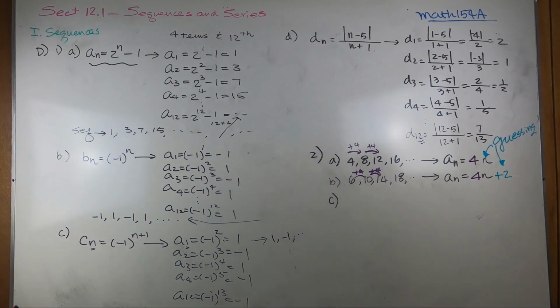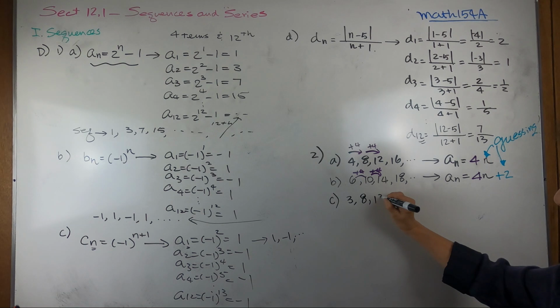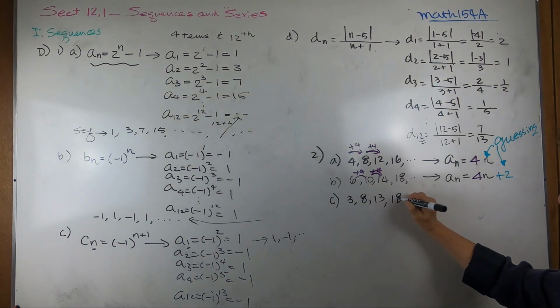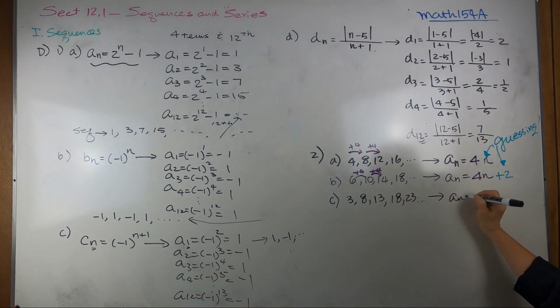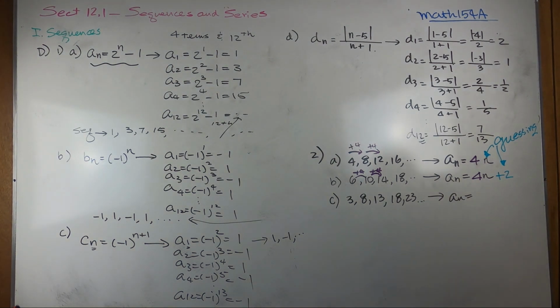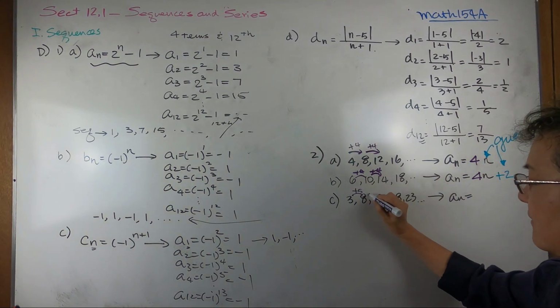So let's see. If we have 3, 8, 13, 18, 23, so what do you think the general pattern will be? Okay, then we say, okay, every time you add, you just do like add 4, 4n. But this time it's add 5.